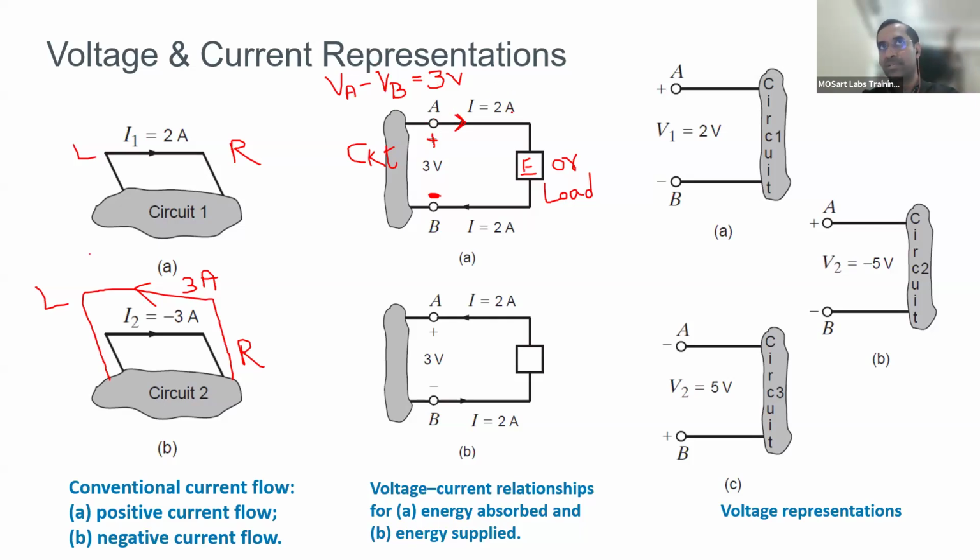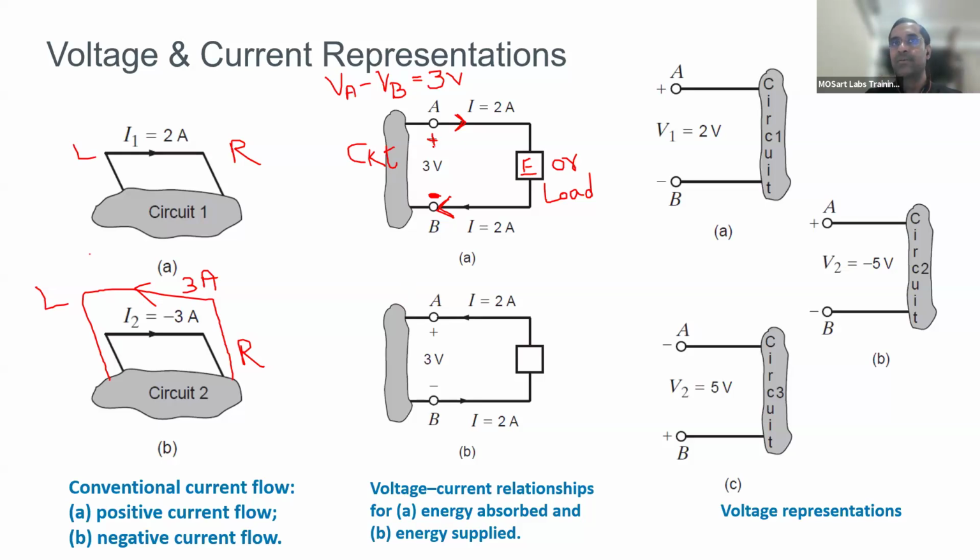Current I is equal to 2 ampere that goes into E, and whenever 2 ampere goes into E, so if A is giving out 2 ampere, B should take back 2 ampere, right? This is the rule. It should take back 2 ampere. Whatever happens here, it doesn't matter. But from the circuit perspective, if it is giving out something, it should get back the same thing.